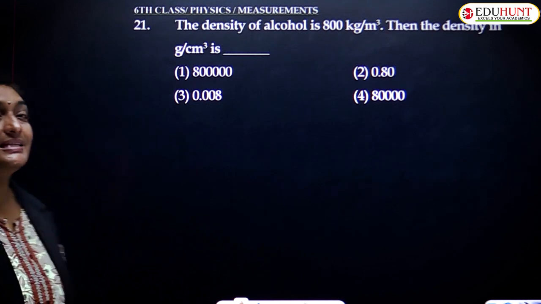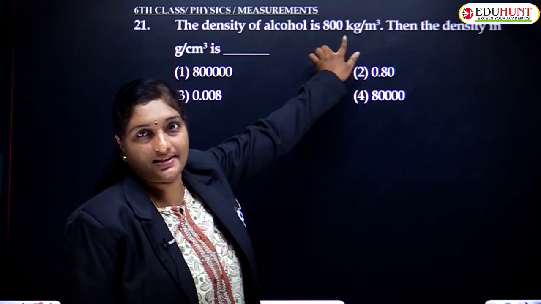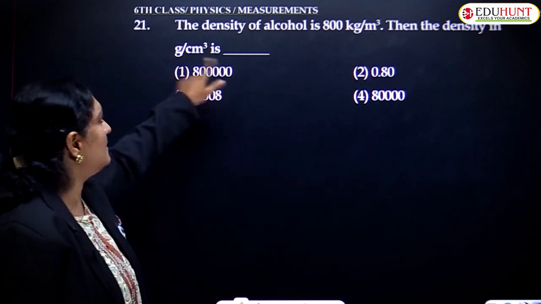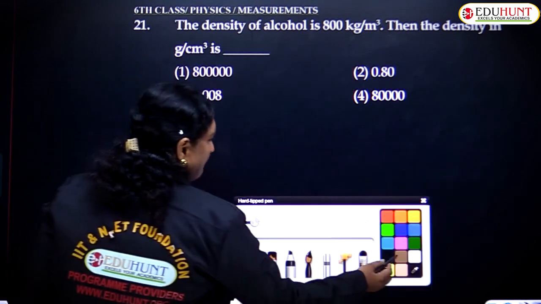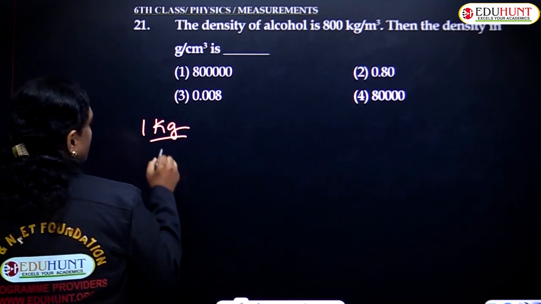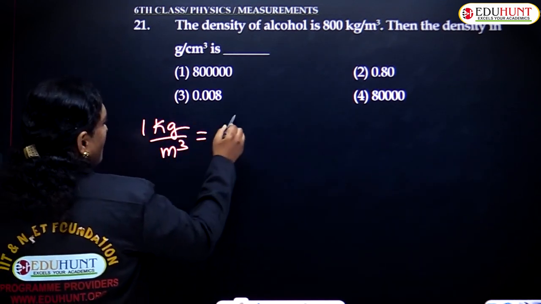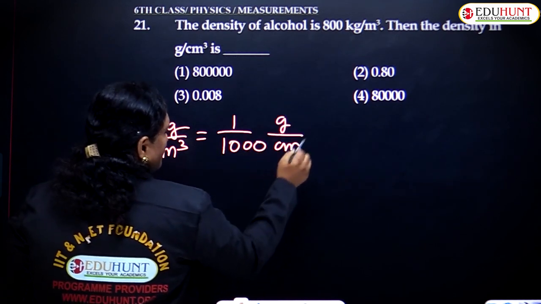Well, the density of alcohol, again the density was given in SI system. You are asked to find the density in CGS system. The same model, whatever we have calculated just now. So 1 kg per meter cube is equals to 1 by 1000 gram per centimeter cube.